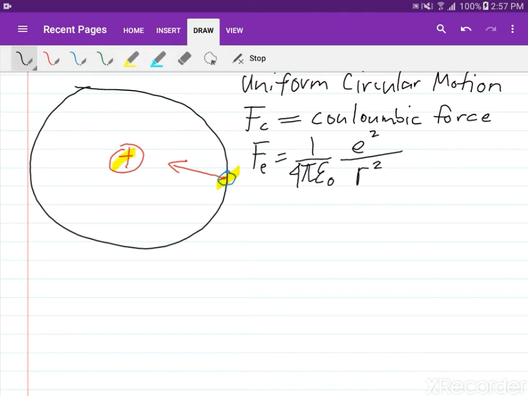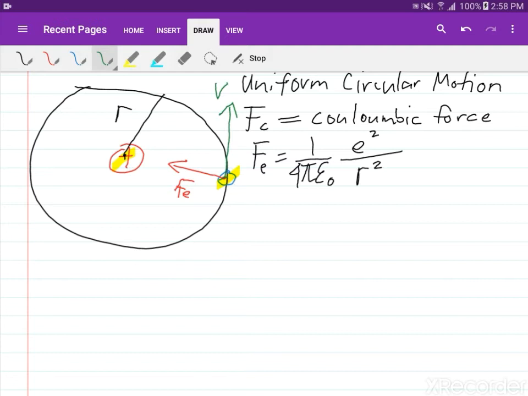This is our source of centripetal acceleration. I forgot to put in the radius of orbit. We also know that this electron has a tangential velocity component. Let's call that v.